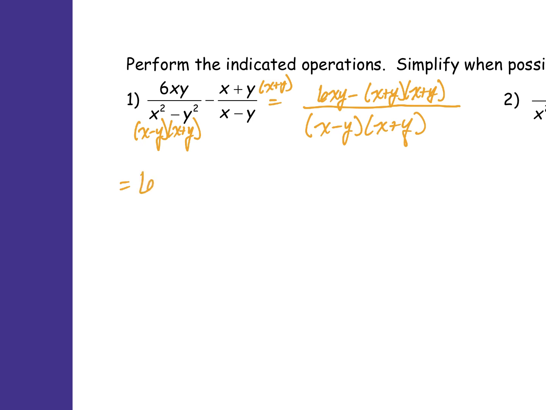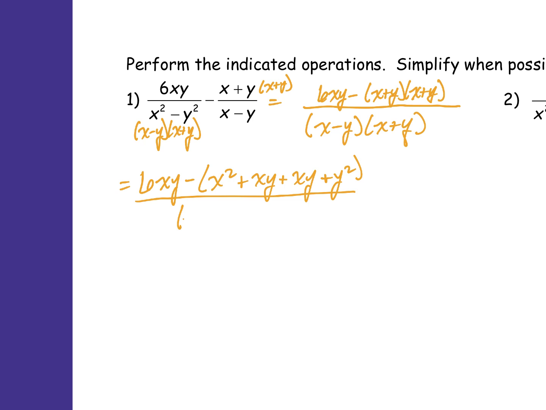So in my numerator, I got 6xy minus x times x is x squared, plus xy plus xy plus y squared. Okay, beautiful.